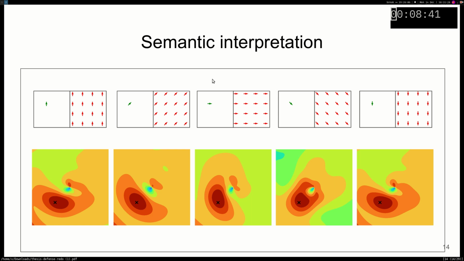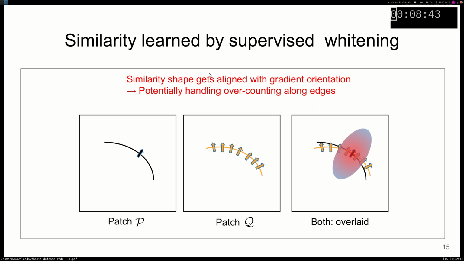So what does this actually mean? We propose that this means that it's potentially handling overcounting along edges. What I mean to say is that given an edge and a pixel in a patch P, let's say that there exists a similar matching edge in patch Q. Since we saw that these descriptors are actually match kernels, it's going to compare this pixel in patch P to every pixel here, potentially leading to some overcounting, and the shape of the kernel adapts to overcome that.